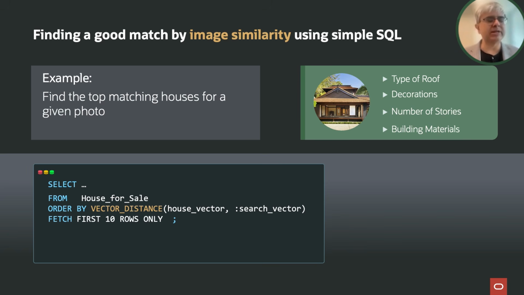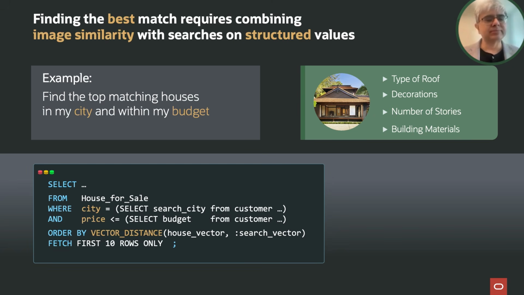As she said earlier, the VECTOR_DISTANCE SQL function is the only new thing required. So you can search the house table, provide the vector for the search photo, compare the vector with the existing vectors in the table, and get the top 10 matches. Very, very simple. As you can see, this is standard SQL with the new SQL function.